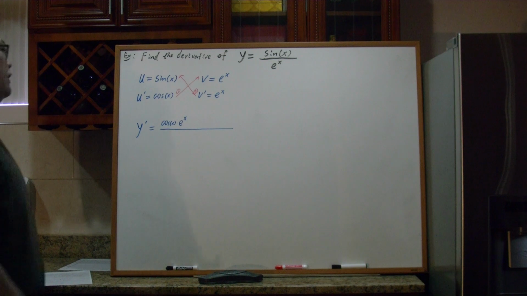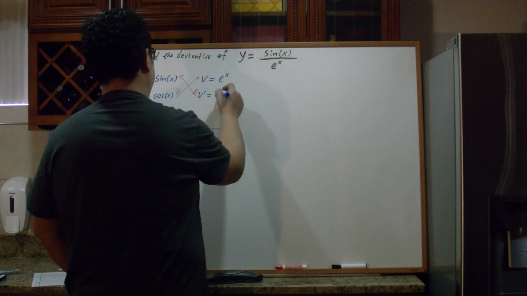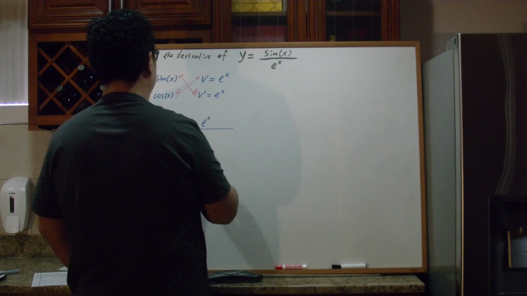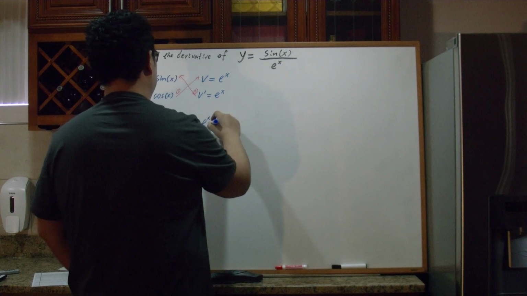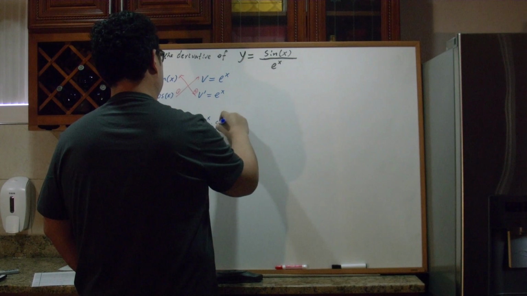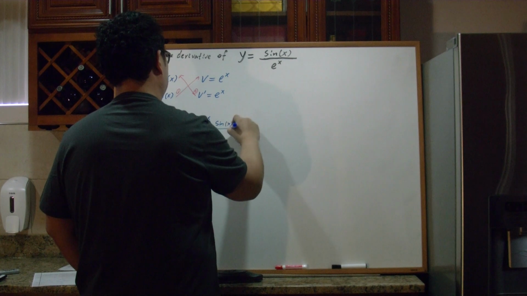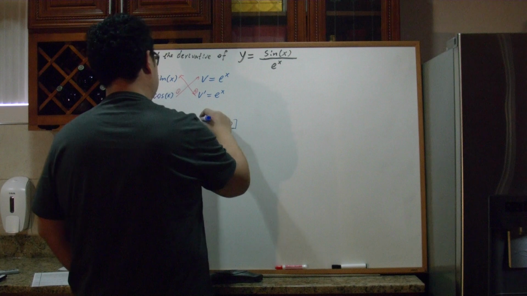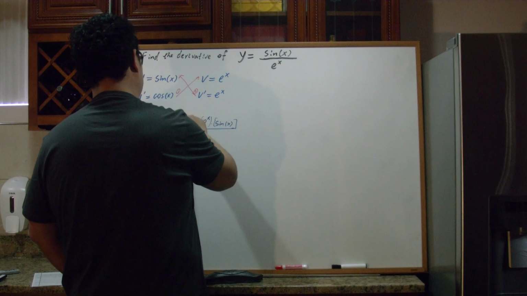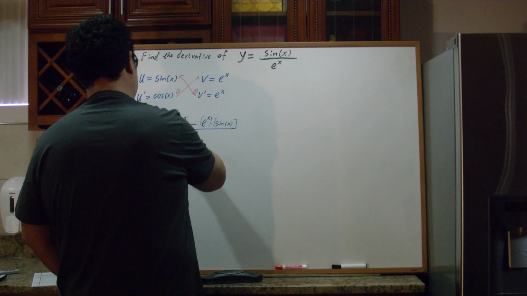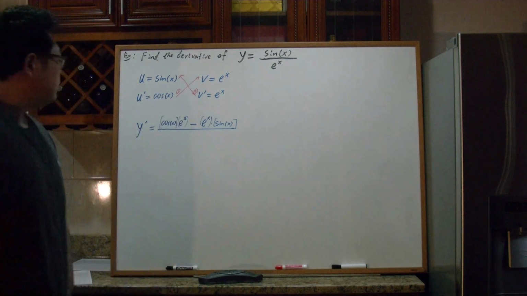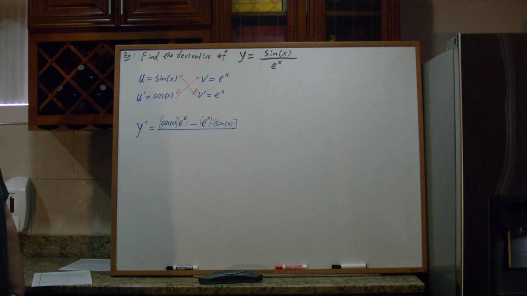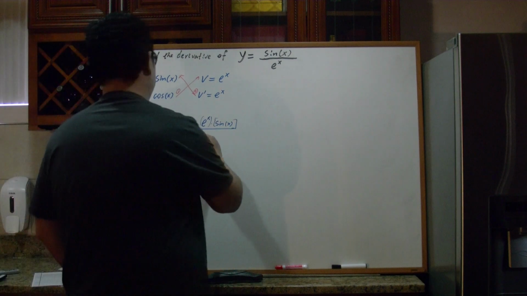Minus v prime times u. Of course, it is recommended to put everything in parentheses to make sure that we are doing the right thing. Afterwards, as we get more familiar with the formula, we could omit the parentheses.